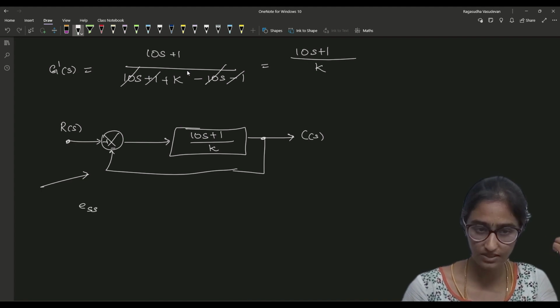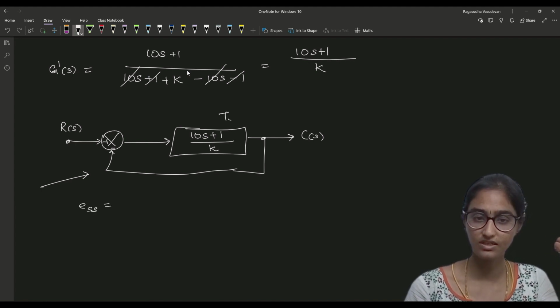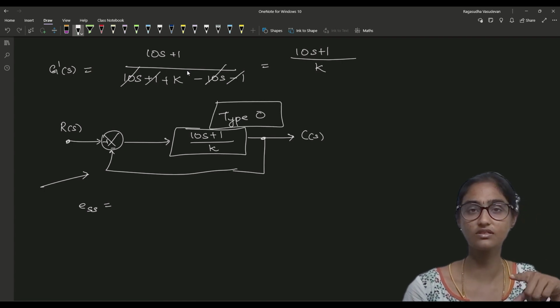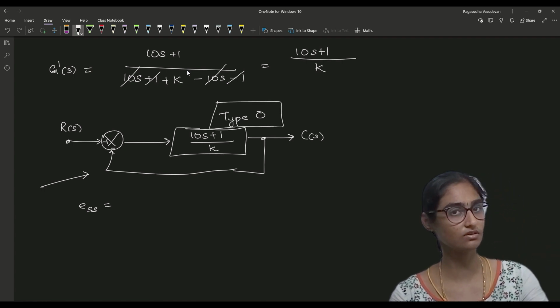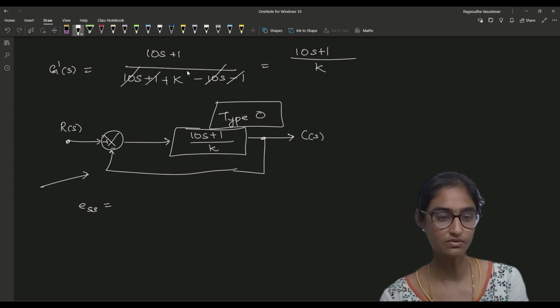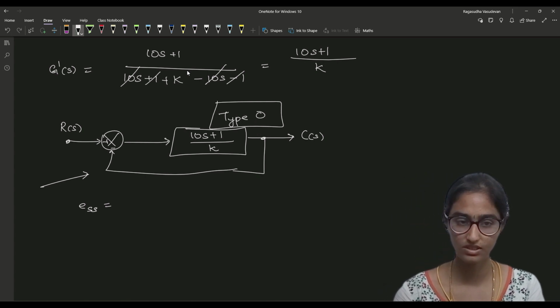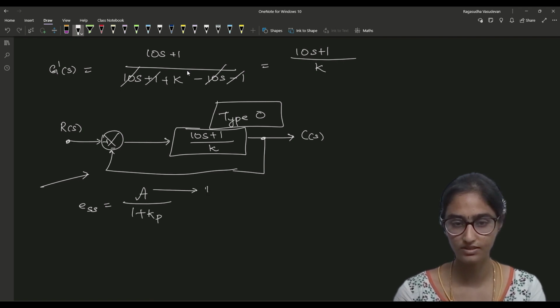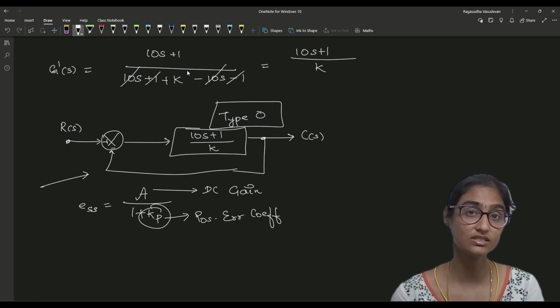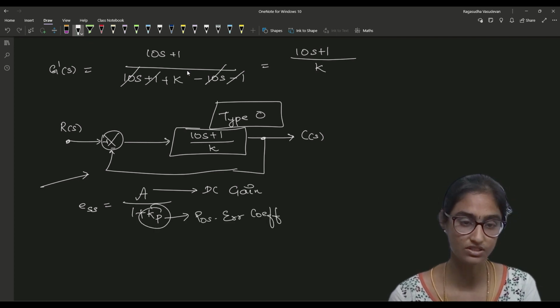So steady state error, since it is a type 0 system, how to find out the type of the system? You can watch this video and find out the type of the system. So what is the steady state error in this case? This will be A divided by 1 plus Kp, where A is the DC gain and what is Kp?